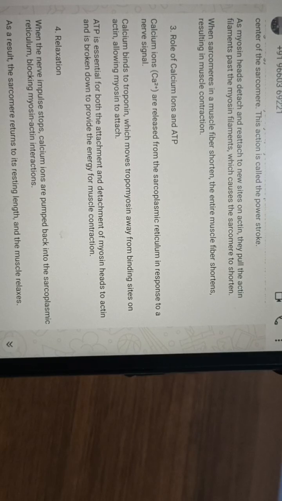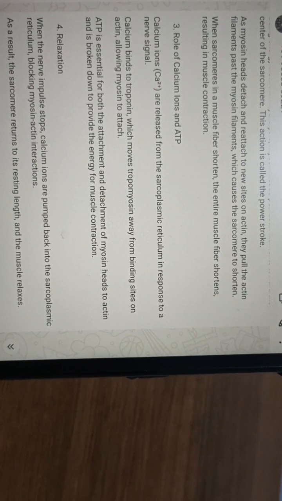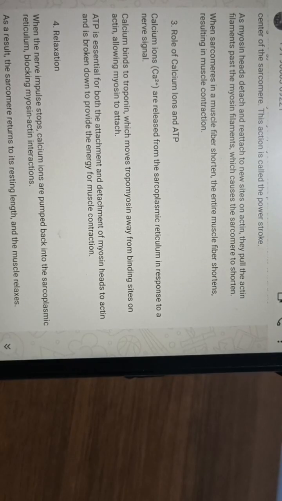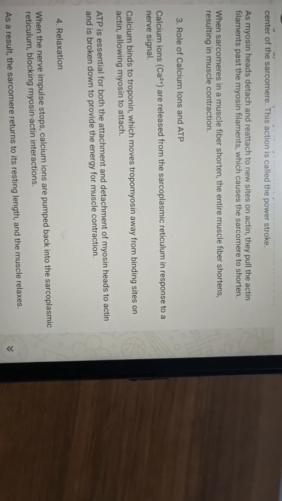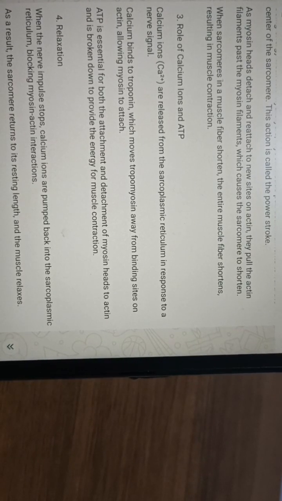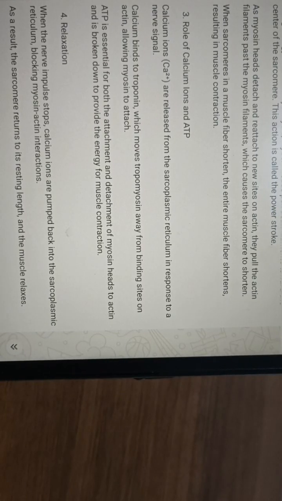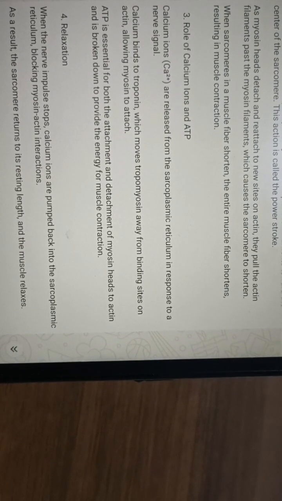As myosin heads detach and reattach to new sites on actin, they pull the actin filament past the myosin filament, which causes the sarcomere to shorten. When sarcomeres in a muscle fiber shorten, the entire muscle fiber shortens, resulting in muscle contraction.